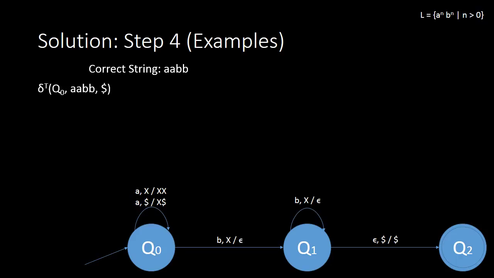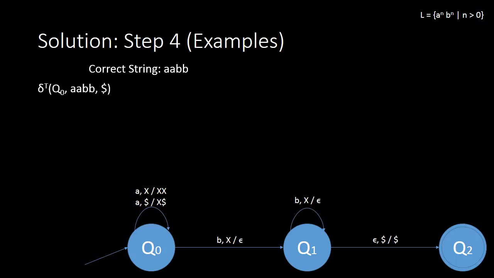So initially the state of the machine is Q0, the string which is to be parsed is AABB, and the content of the stack is dollar, that is empty stack. So now we have the state as Q0 and the input character as A and the stack top as dollar.